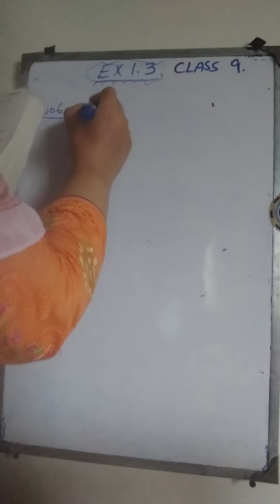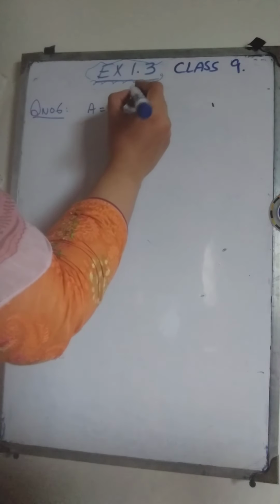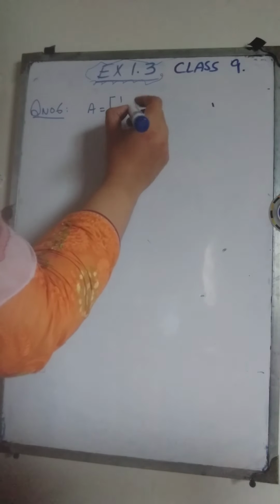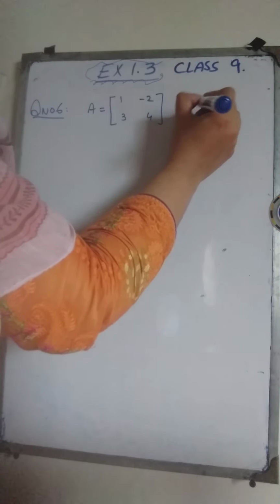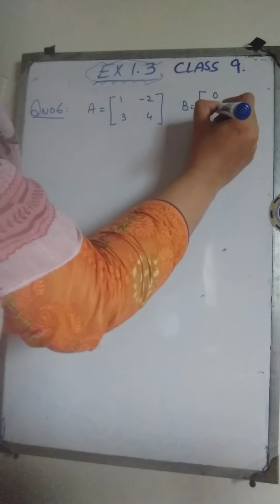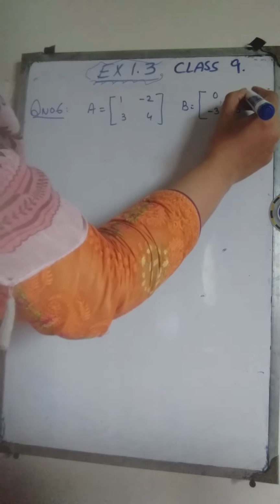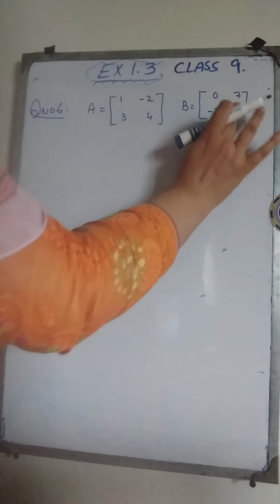Question number 6. You are given the matrix. Matrix A is 1, negative 2, 3 and 4, while matrix B is 0, 7, negative 3 and 8.